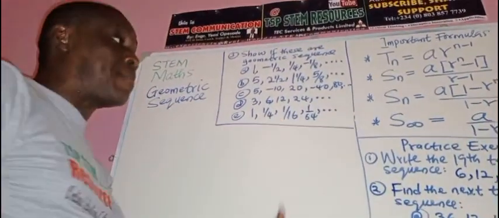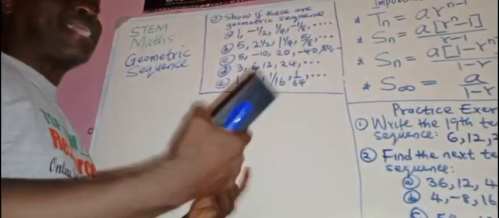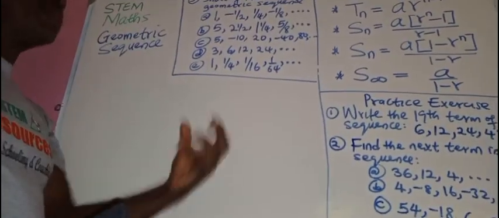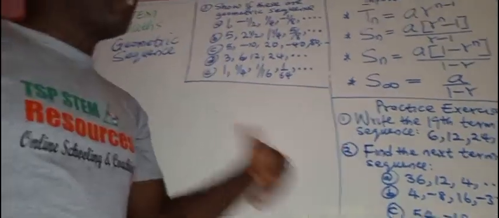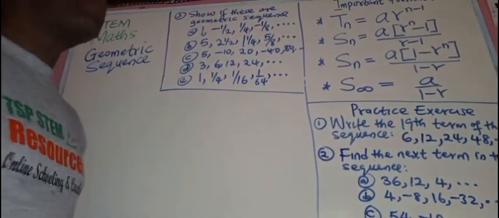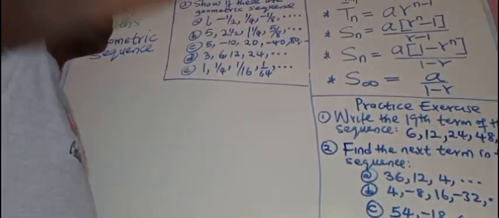Sequence is the listing of numbers such that there is something common. That thing that is common can be a common difference, but can be a common ratio. But for geometric sequence, it has to do with something that is having high multiplying effects as the listing continues, or a reducing high multiplying effect.